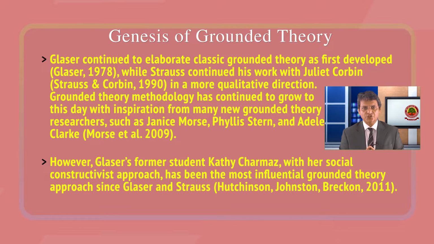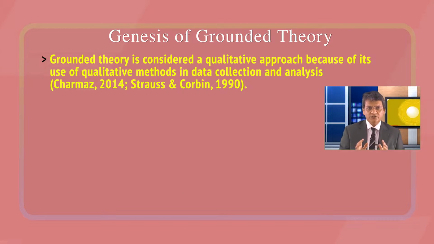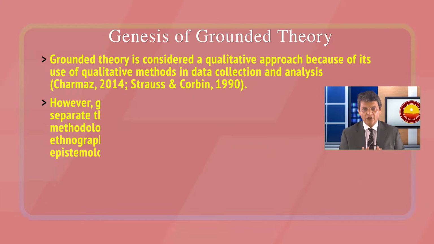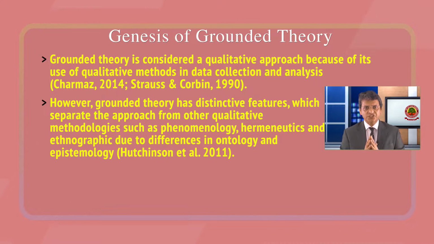Grounded theory is considered a qualitative approach because of its use of qualitative methods in data collection and data analysis. However, grounded theory has distinctive features which separate the approach from other qualitative methodologies such as phenomenology, hermeneutics, and ethnography, due to differences in ontology and epistemology.